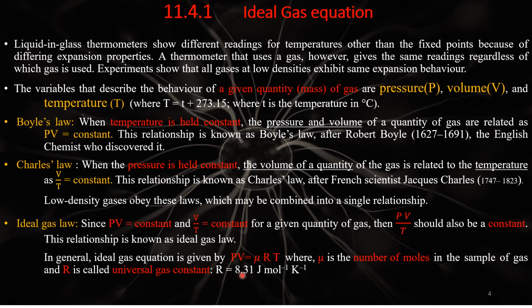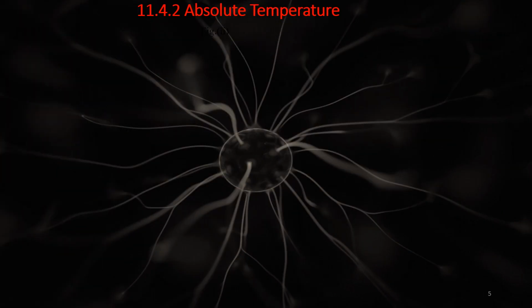R is equal to 8.31 joules per mole per Kelvin. So remember the value of the universal gas constant. The ideal gas equation is given by PV is equal to mu R T, where mu R is constant.